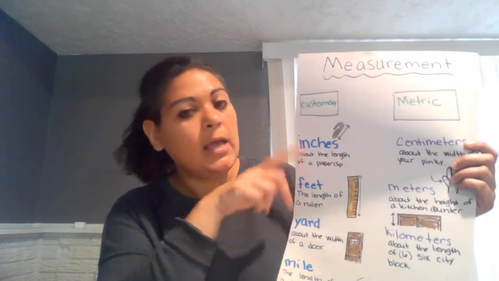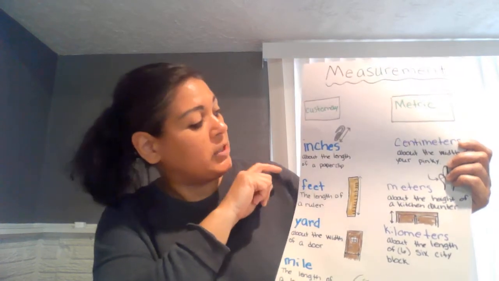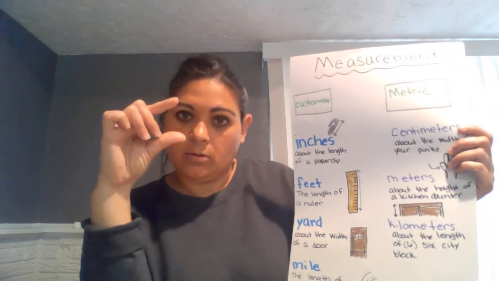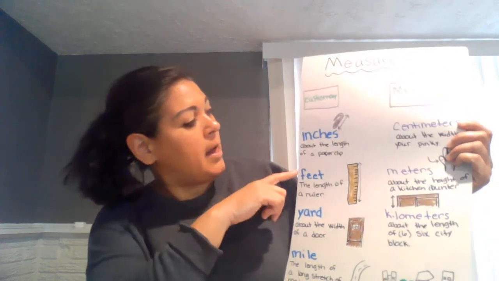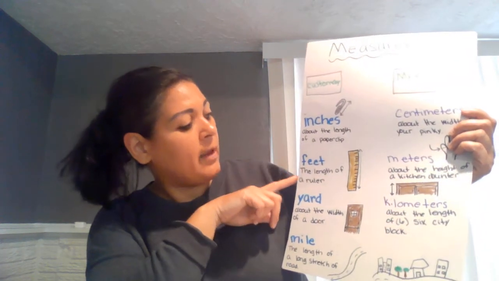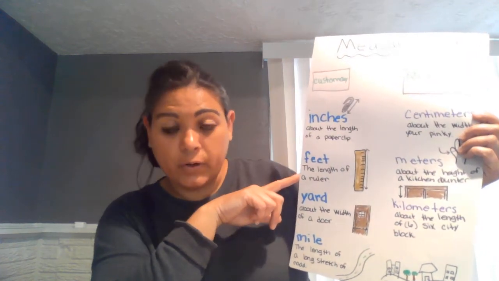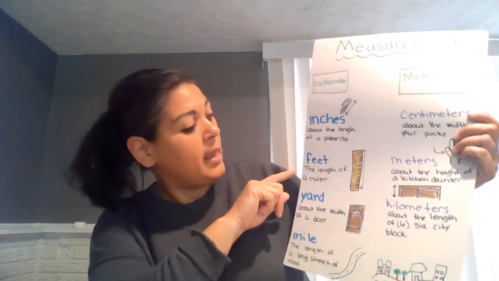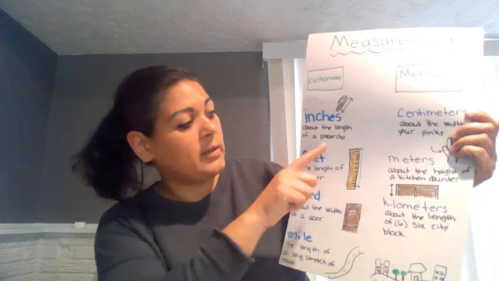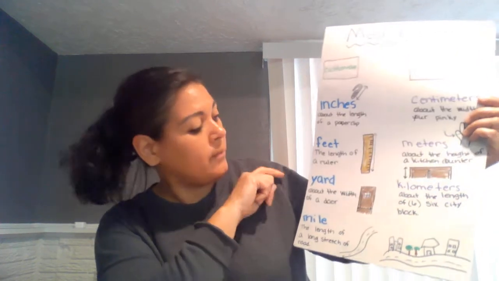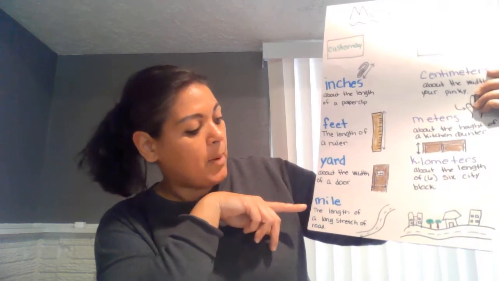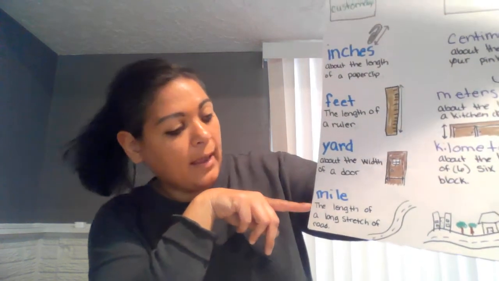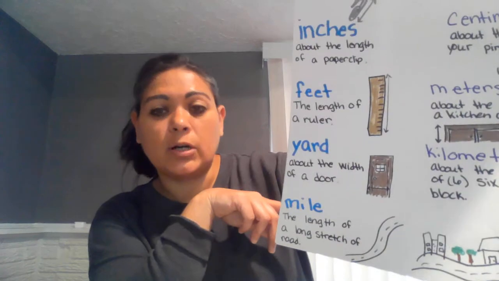That's inches, our unit for measuring small things, about the length of a paper clip. Feet, or you'll hear foot if it's only 1 foot, is the length of a ruler, so this is 1 foot long. A yard is about the width of a door. A mile is the length of a long stretch of road.